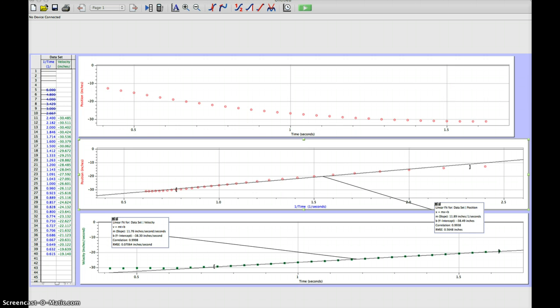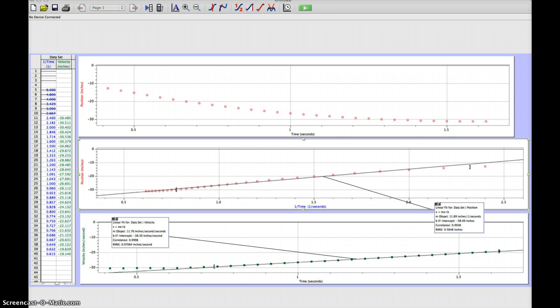Looking at this graph, we get the equation: velocity is equal to about 12 inches per second over seconds times time minus 38 inches per second. Your minus 38 inches per second is your intercept on the vertical axis.